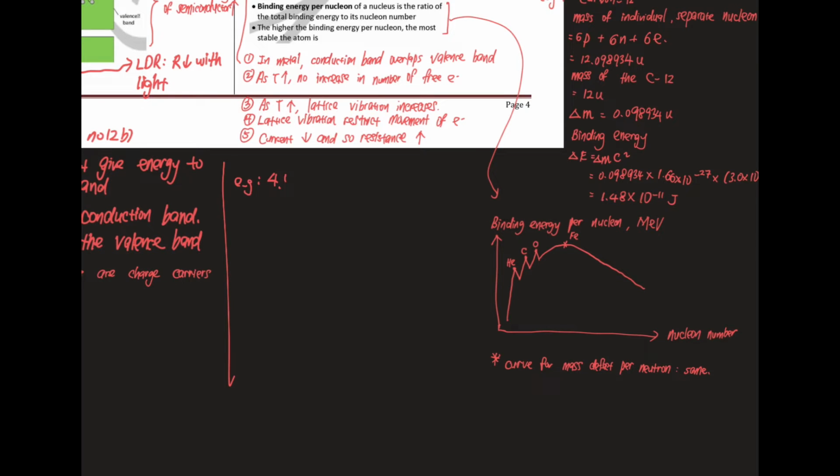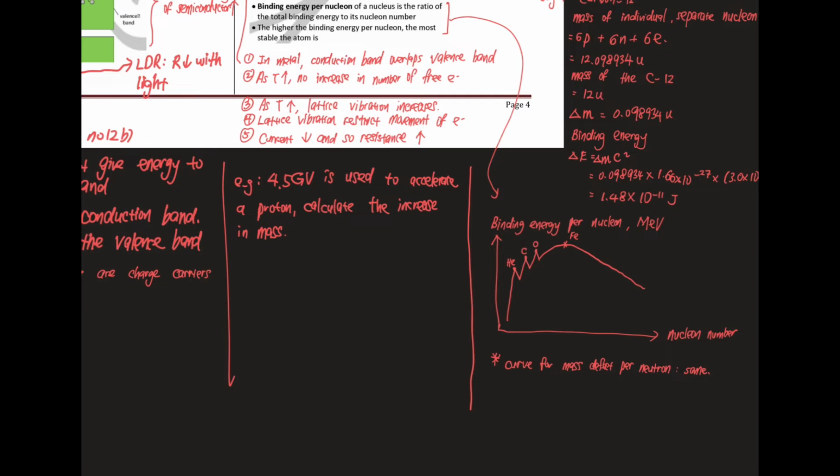If 4.5 gigawatt is used to accelerate a proton, calculate the increase in mass.